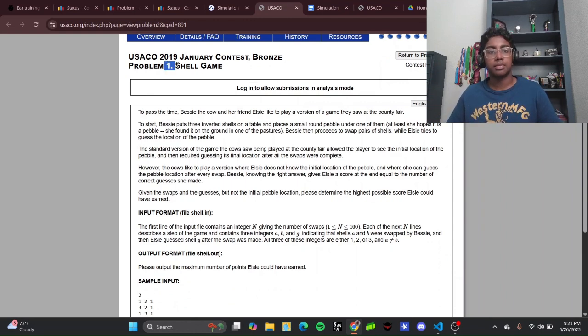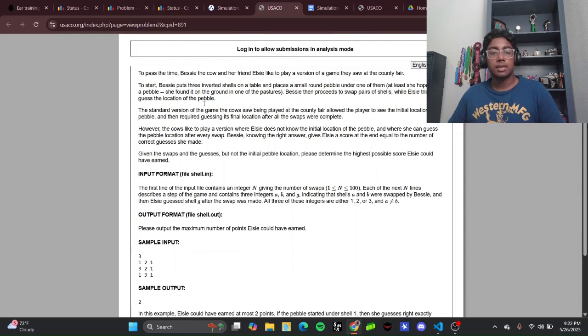And so this is an example problem, a pretty basic simulation problem. It's from the USACO 2019 January contest in the bronze division. The problem is basically that Bessie and her friend are playing a game they saw.